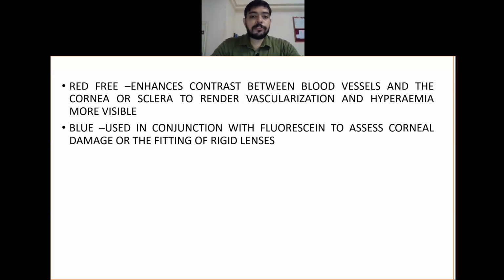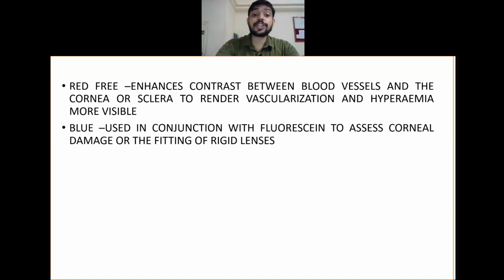And a blue filter or a cobalt blue filter is used to enhance the visibility of fluorescein. As we all know, the cobalt blue filter excites the fluorescein, then the fluorescein will get into a higher energy level. When it comes back to its own lower energy form, it will emit the absorbed light.